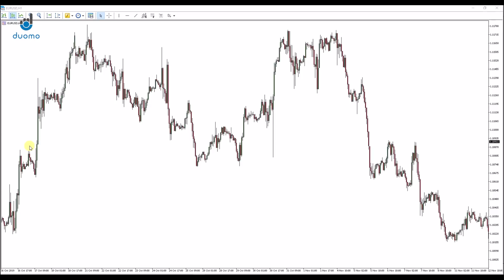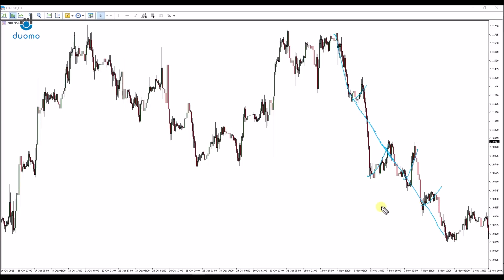Now, with the Duomo method, we have our own ways of doing this, but what I'm going to teach you now is something that's very straightforward, it's very easy, and it's something that could work with any way of trading. And it's all about the price structure. So if you look at this chart here, as we're moving down, even though we can see it's in a downtrend, there are still moments when the price moves in a bullish direction, moves up.